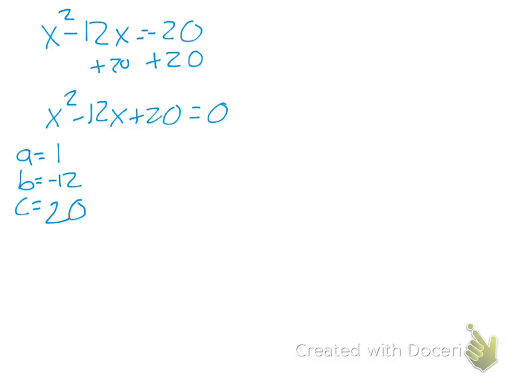The reason I have you guys list A, B, and C is that way you don't forget what they are. There's a lot of times where students will all just get mixed up and just put something in that they didn't even have. Number 2, it says fill into the quadratic formula. Guess what? To fill it in, you need to write it down. So, Mr. Contract, does that mean I need to write down this thing every single time? Yes.